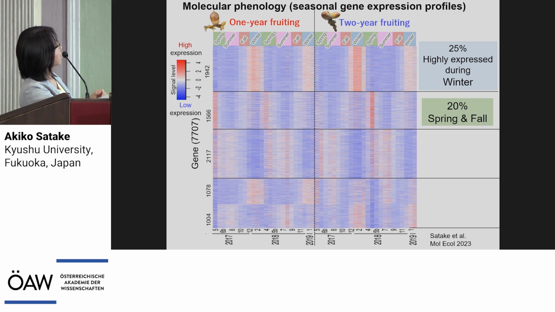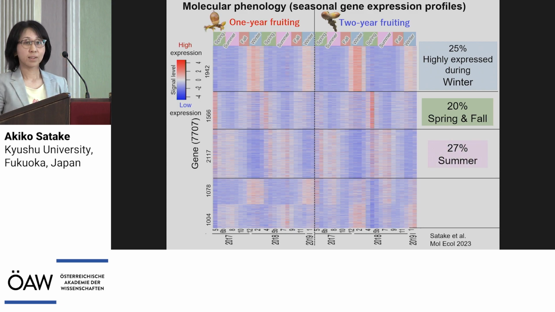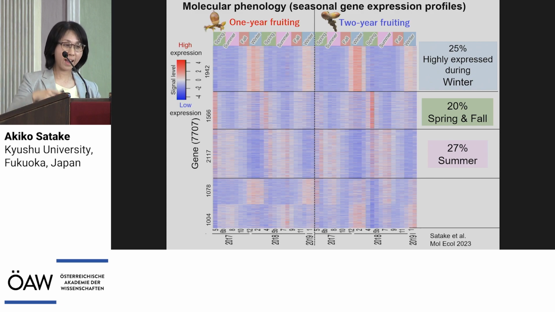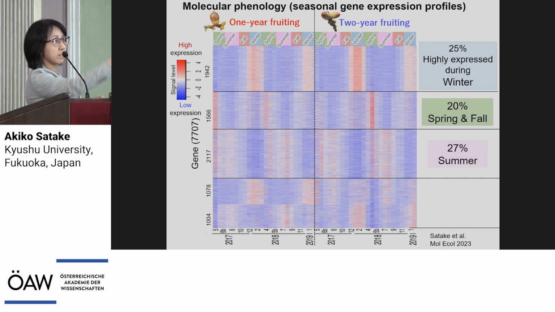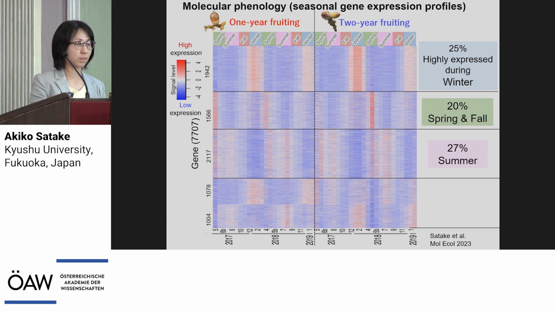In the second cluster, the expression is high in spring and also has a minor peak in fall. And the third cluster, that includes 27% of genes, is highly expressed in summer. So these 3 clusters reveal very conserved gene expression regardless of species.